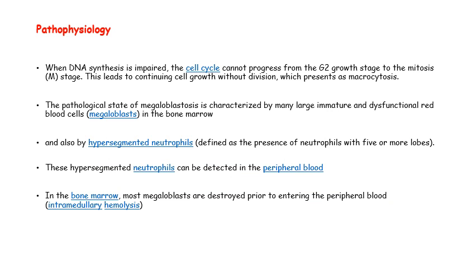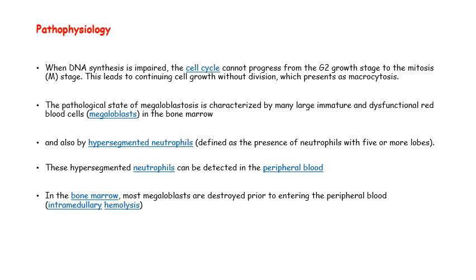The pathophysiology: when DNA synthesis is impaired, the cell cycle can progress from the G2 growth stage to mitosis, which is the M stage. This leads to continuing cell growth without division, which presents as macrocytosis.